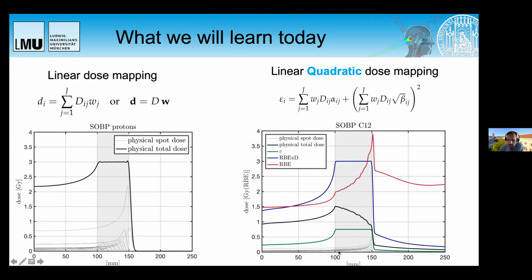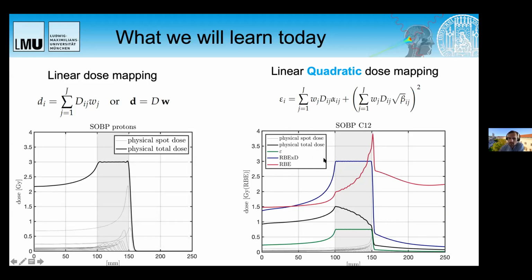Again, I hope you can see these thin gray lines are the individual physical dose distributions of the pencil beams. If you add them up, you obtain the black solid line, the total physical dose. And due to these nonlinear biological effects, you end up with a homogeneous RBE weighted dose, given here in blue.